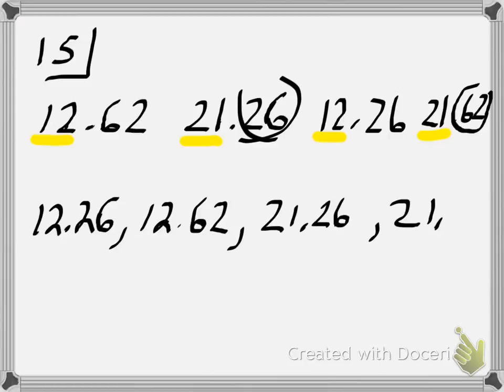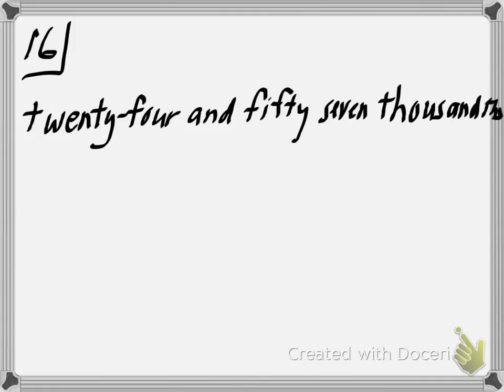And 26 is smaller than 62. So 12 and 26 hundredths, 12 and 62 hundredths, and then our 21s: 21 and 26 hundredths, 21 and 62 hundredths.